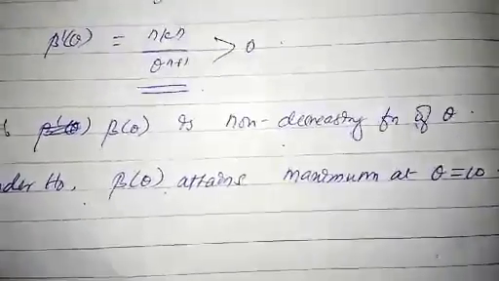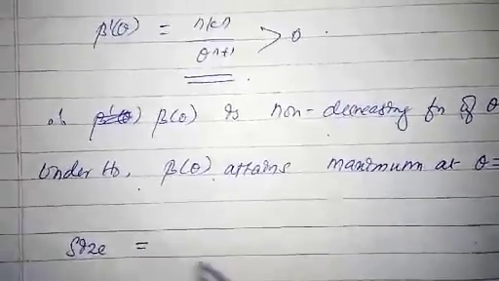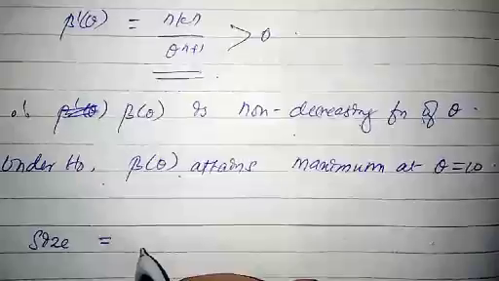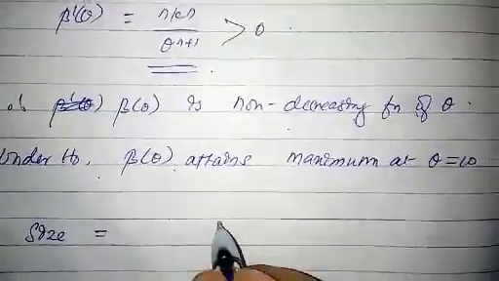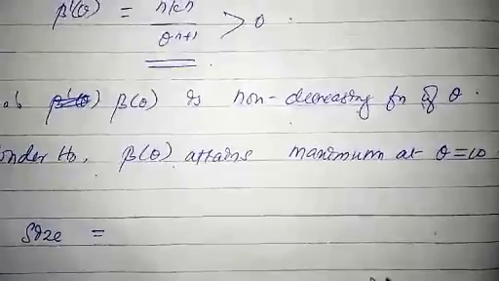Understood. Next we have to find out the size of the test, right? Size of the test is equal to the supremum of expectation of phi of xn under the null hypothesis.